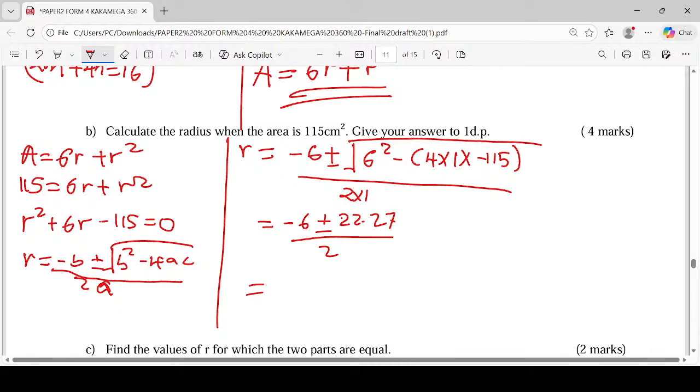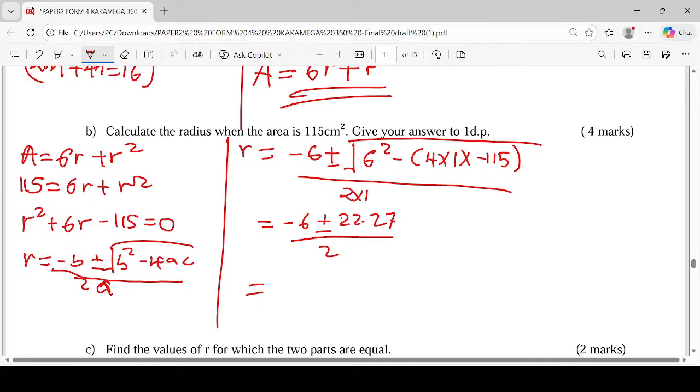I'm getting a very particular answer here. Let me see. Okay, let me redo it once again, just for confirmation purposes. 36 minus 4 times negative 115.